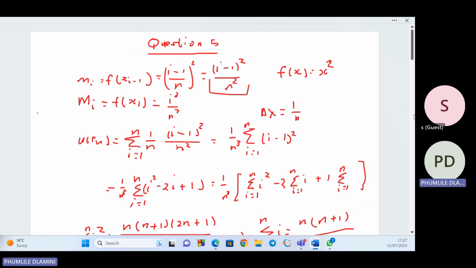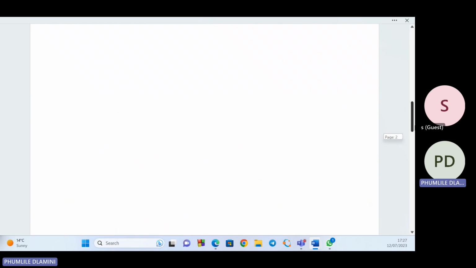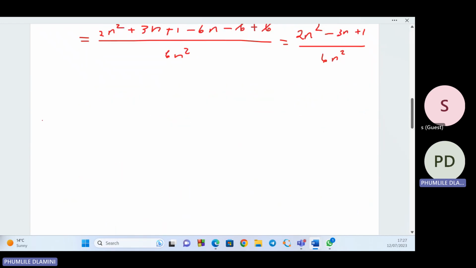So now we are going to calculate the lower one, L of Pn. When we calculate the L of Pn, it is going to be equal to the sum from i equals 1 to n of 1 over n times f, let me not write f of, because we know the answer.